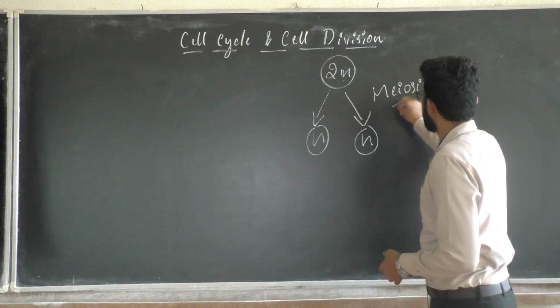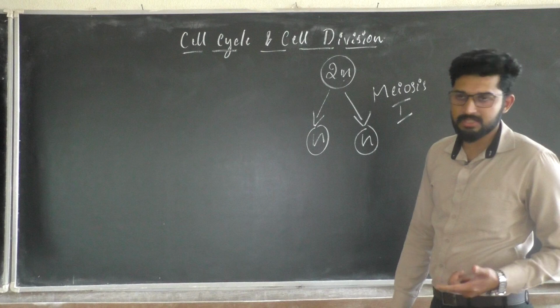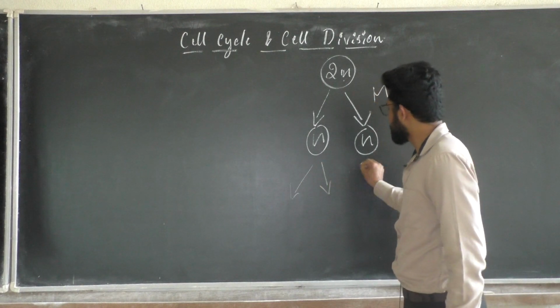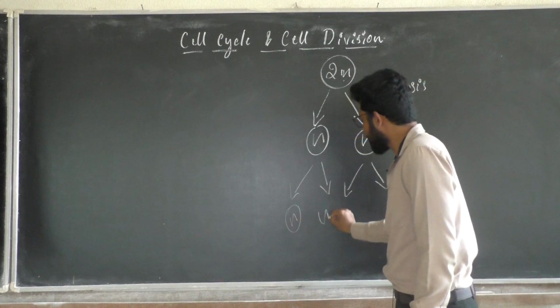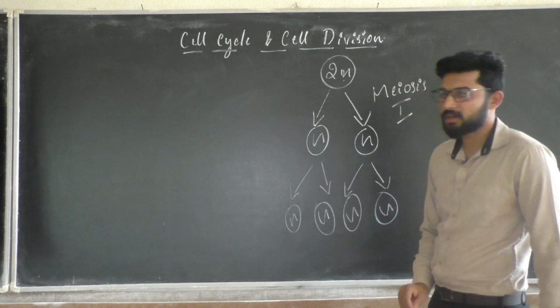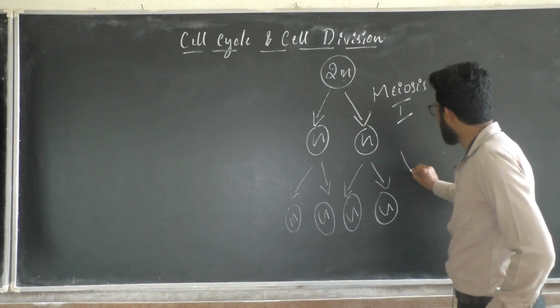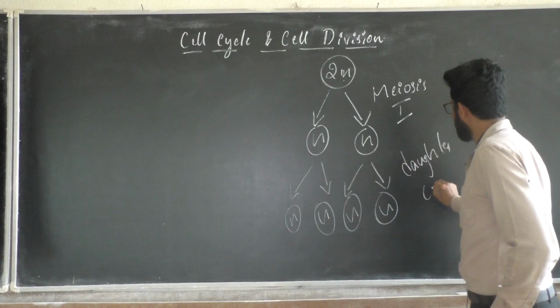After meiosis 1, it enters meiosis 2, and again you will have 4 daughter cells with chromosome number n.